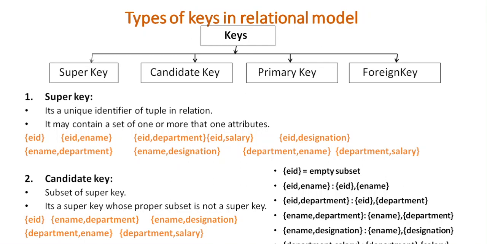In that case, the department value can be null. So employee name and department cannot be chosen as a primary key. It is a candidate key, but sometimes this combination may contain a null value, so it cannot be a primary key. The same is the case for employee name and designation, for department and employee name, and for department and salary.